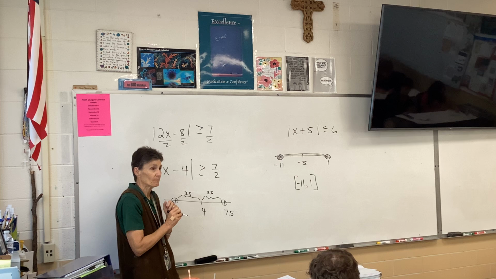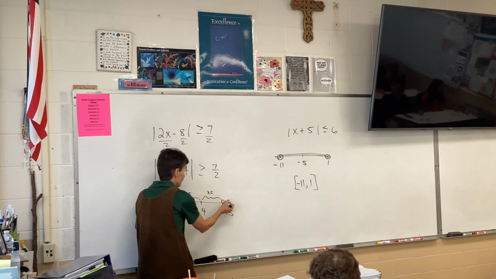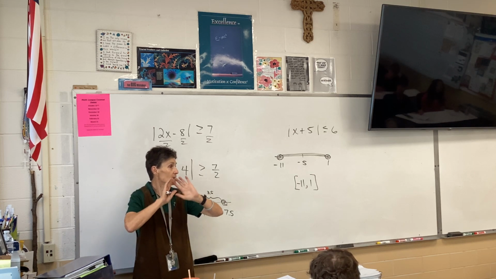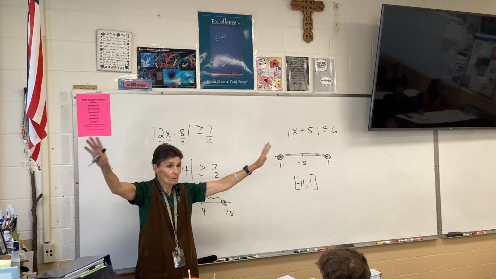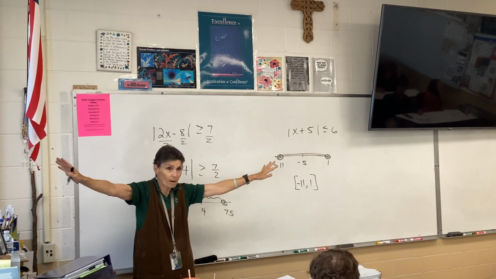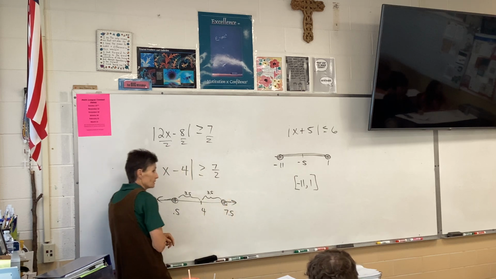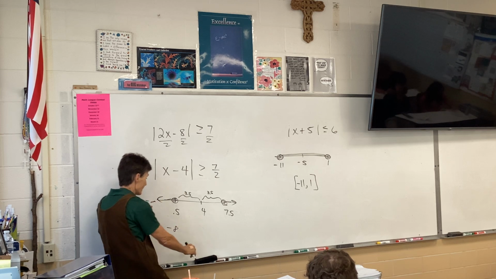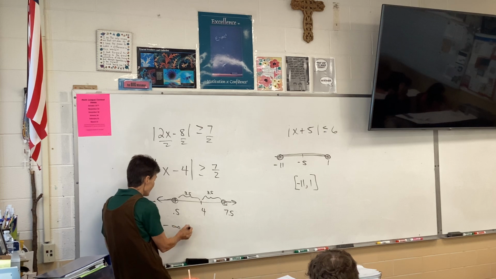Okay, so now we gotta figure out where we're shading. First of all, the dots should be colored in, right? And then it's a greater than problem. So where do I shade when it's a greater than problem? Out. So my answer is negative infinity, comma, 0.5.